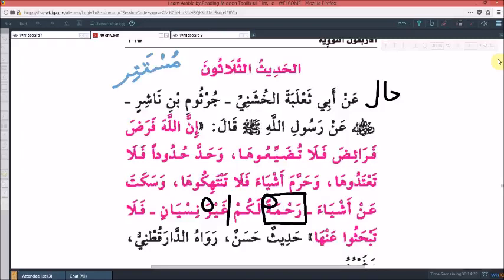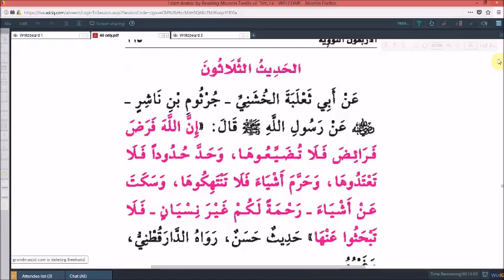فَلَا تَبْحَثُوا عَنْهَا. So do not tabhathu, from bahatha, meaning to search. So do not search after them. Just like the man said every year, O Messenger of Allah. Just like the Jews said, what kind of cow?